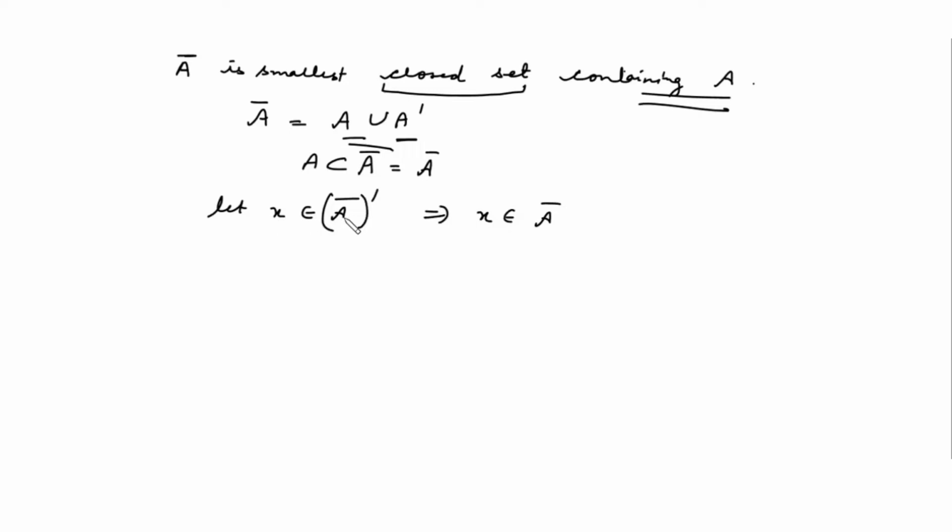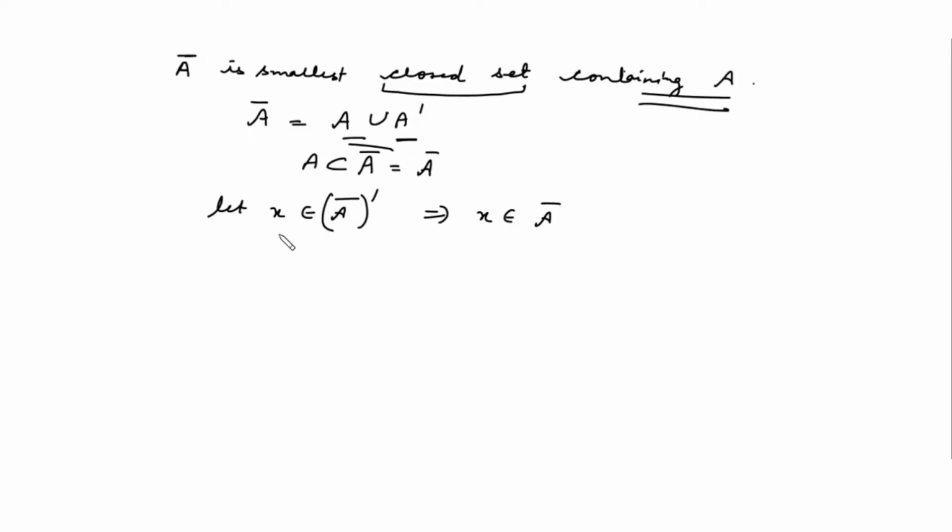So if you choose X to be a limit point of A closure, either your X is a member of A or it is a limit point of A, if it belongs to the closure.